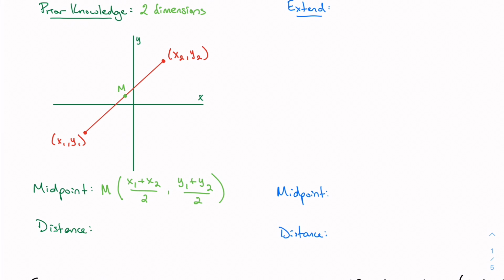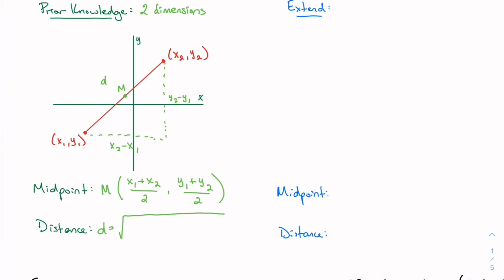And the distance formula, you might remember, comes from the Pythagorean theorem. I can turn this segment into the hypotenuse of a right triangle. So this would be the length given by x2 minus x1, this would be the length given by y2 minus y1, and some distance d.